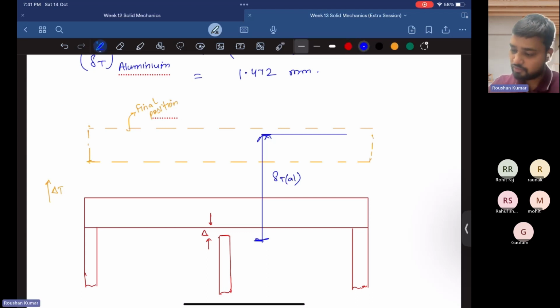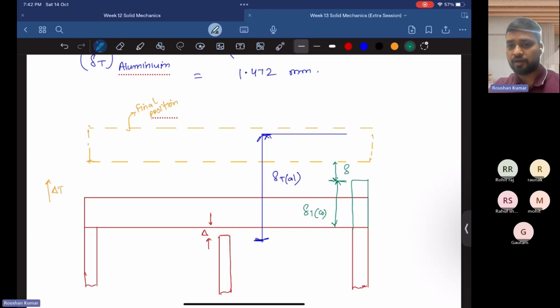Suppose the copper bar now shifts to this position, and this has become delta T of the copper bar. And because the copper bar is assumed to be elastic, there is also some change in length of the copper bar due to the elastic effect.